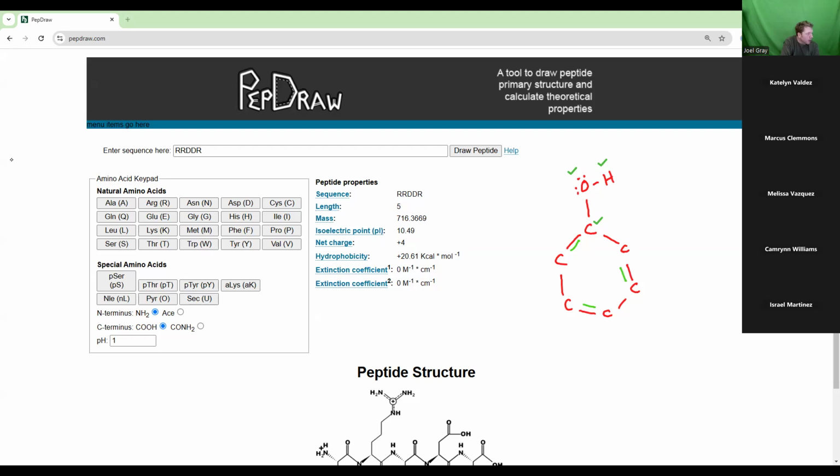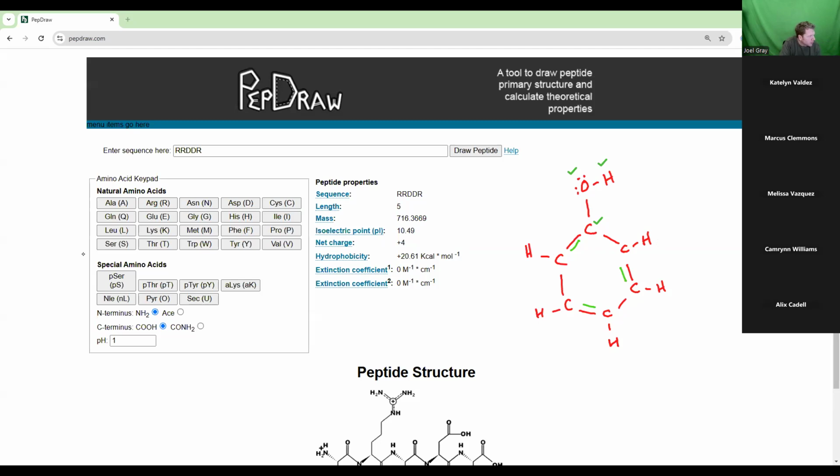Now, with that in mind, we've got this carbon to the right. It has a hydrogen, hydrogen, hydrogen, hydrogen. Okay, so now I've accounted for everything because I've got my benzene ring.